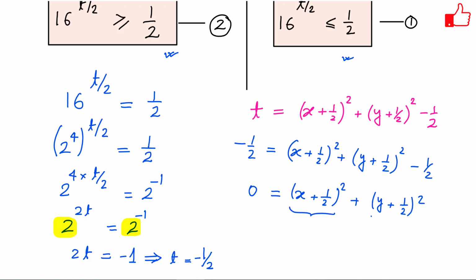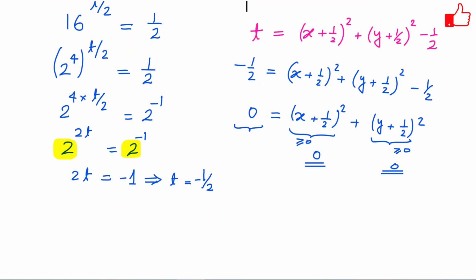Now a square of this term plus a square of this term is equal to 0. This is possible only if this term is 0, because this is always greater than or equal to 0, and this is also greater than or equal to 0. This means this is possible only if this term is 0 as well as this term is 0. So I can say x plus 1 by 2 is equal to 0, which means x is equal to minus half.